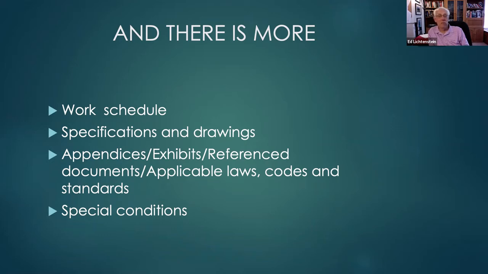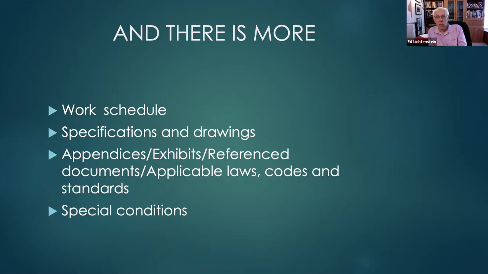In the construction business, one of the frequent tactics of a prime contractor is to say, included in your contract are the terms and conditions of my contract with my customer. But then they never show you what that contract is. So you don't know what you're working to.